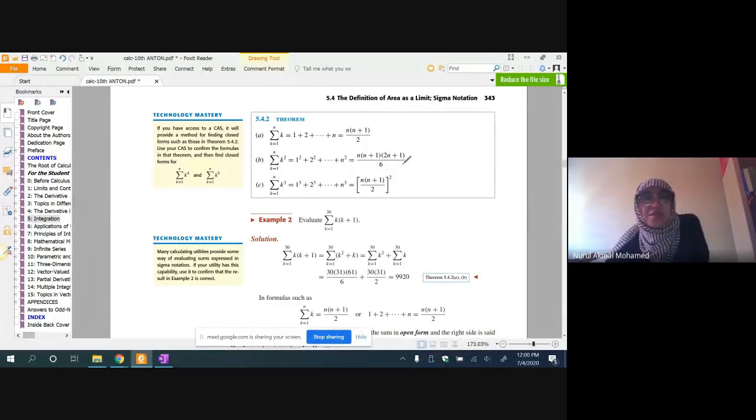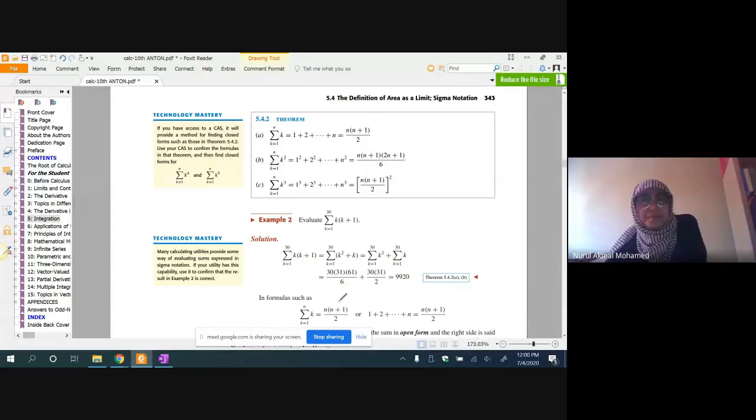In this case, what will be our n? Our n is 30. You can use your calculator here. So the value will be 30 multiplied with 31, multiplied with 2n, which is 60, plus 1, it is 61. 31 multiplied with 60, you divide with 6.